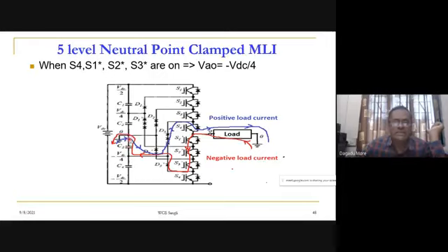When the load current relates to C3, it will come to here. So this is from C2. From this C3, you see it will be coming here.